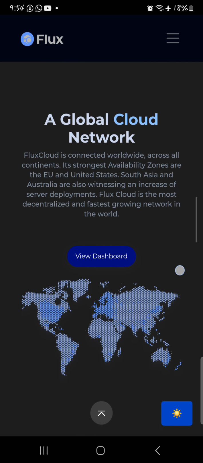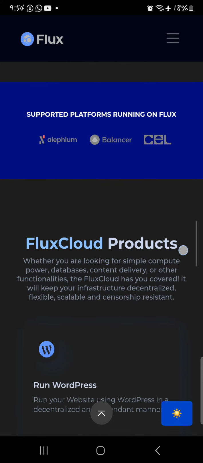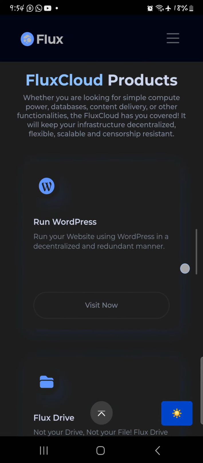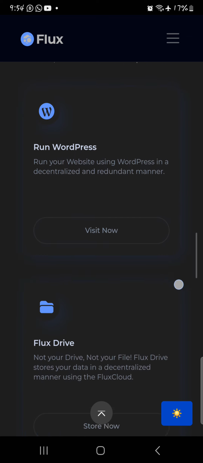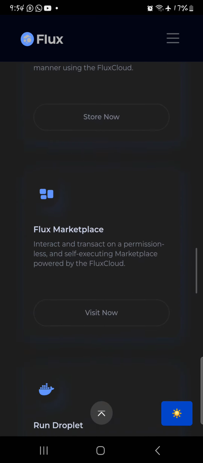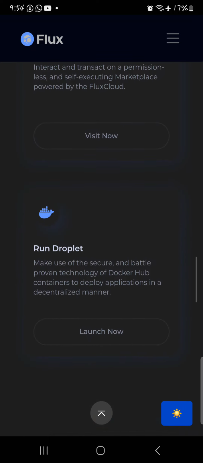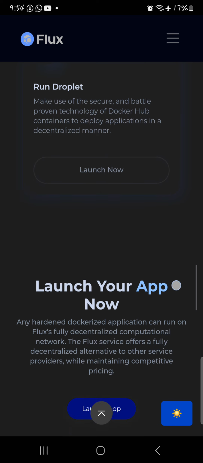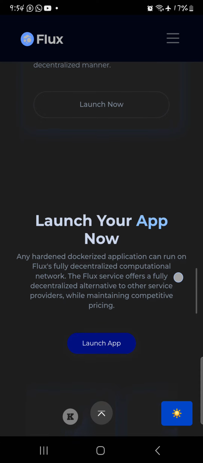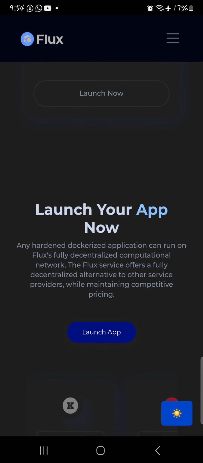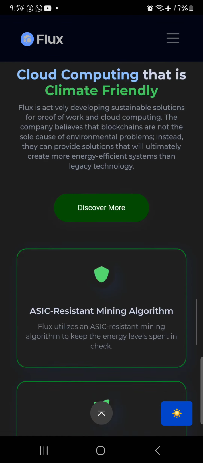Okay, I see some kind of cloud services, so this is probably storage. You can run WordPress. Okay, this is actually interesting. It's kind of like decentralizing centralized products, is that so? Launching on Web3, okay, that's their point. I think it's pretty interesting, but I don't know if people will find this interesting.